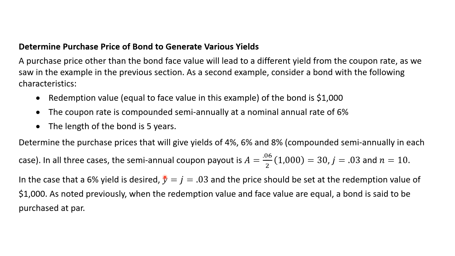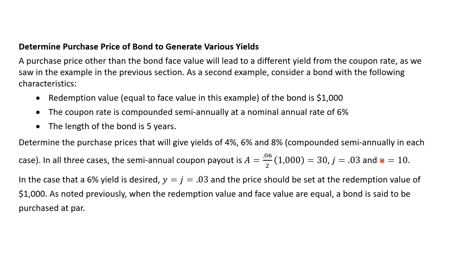In all three cases, the semi-annual coupon, that doesn't change with the different yields, would be $30. You just need to divide the 6% by 2, change it to a decimal, and multiply times 1,000. Then the coupon is 0.03. It's just this quantity here, the 0.06 divided by 2.